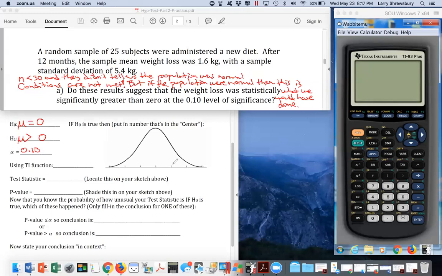Hey, let's go to our little sketch here. So 0 is in the center, because in the center is always the number there. If you have a population mean over there, you got a sample mean over here. Now, if we land a little bit above, as you go to the right, you're having more and more weight loss. If it's just a little bit of weight loss, well, that's what you'd expect if the null hypothesis were true, which is what this is a picture of. But the farther to the right you go, the stronger the evidence is that the population mean is greater than 0.